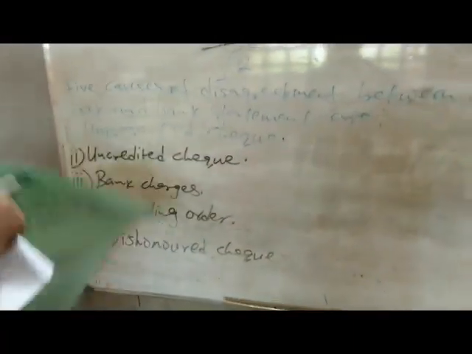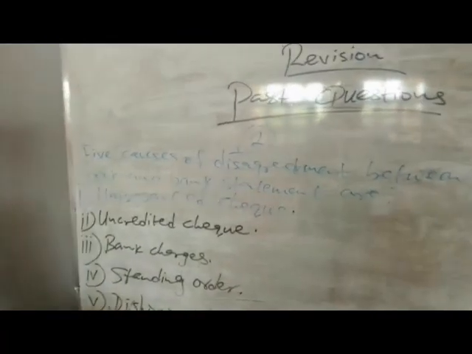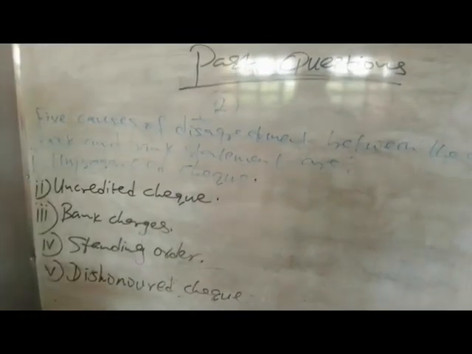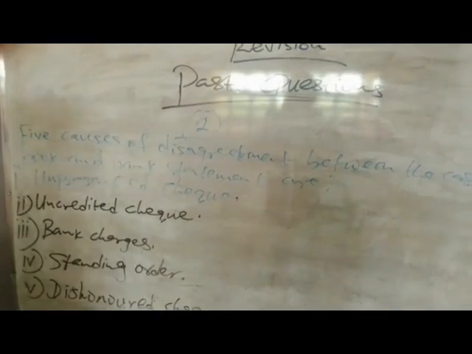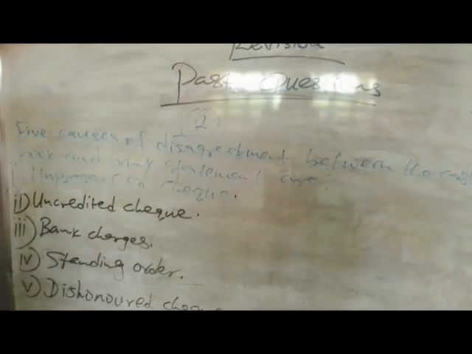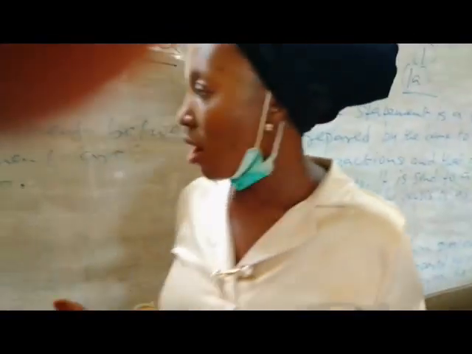Now, question number 3. Question number 3 states: state 2 ratios which fall under the following classification of accounting ratios. Now, what are the ratios that fall under the following classification of accounting ratios?